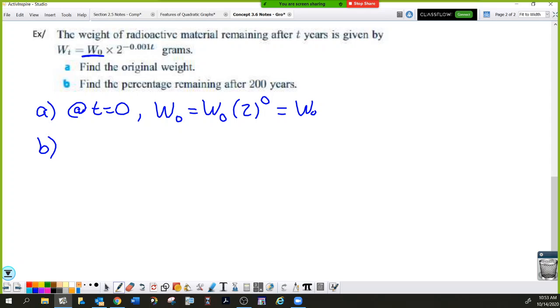And you go, okay, W sub 200 is W sub 0 times 2 raised to the negative 0.001 times 200.